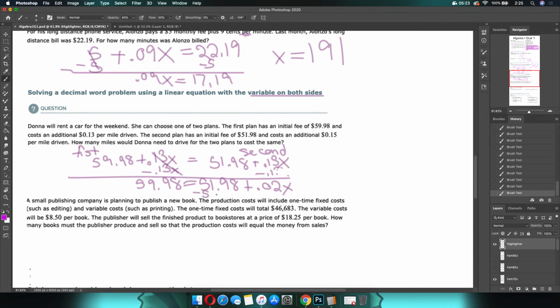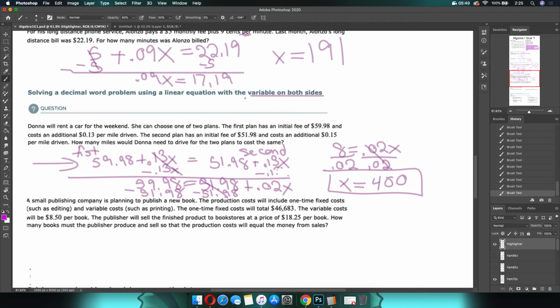Minus 51.98, minus 51.98. So we are left with 8 equals 0.02x. Divide by 0.02, divide by 0.02. So x equals 400 miles. That's not too bad. And then this setup here, again, because it's the same setup, it's going to be the same every single time, all right?